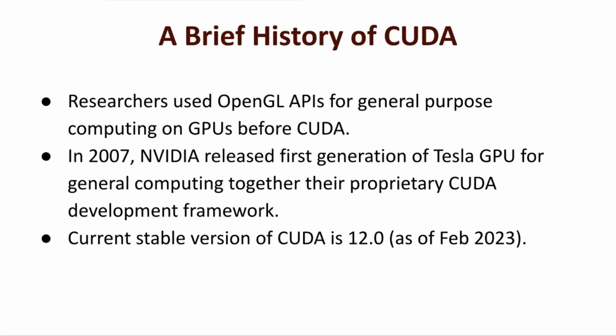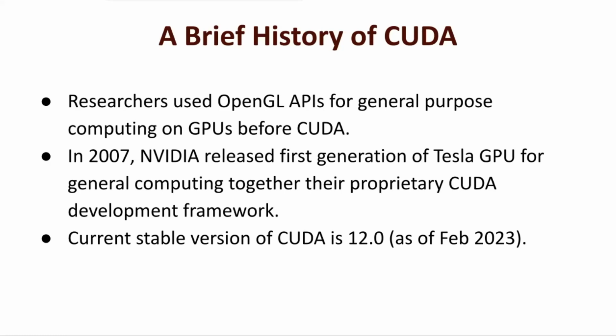So by using that feature, they can use OpenGL libraries to help them do the numerical calculations. That has been a pretty hacky way of doing computation, and that has been there for several years before CUDA was released in 2007.